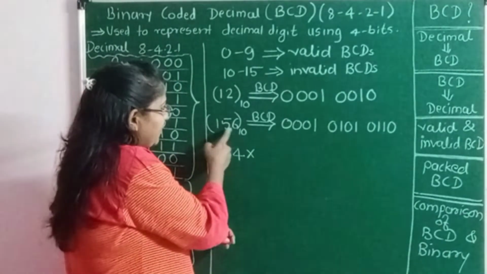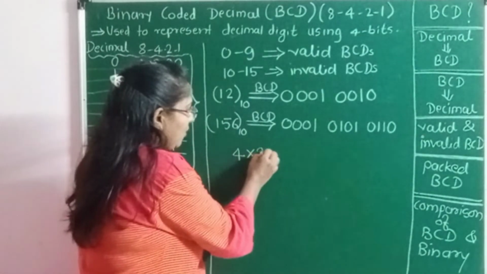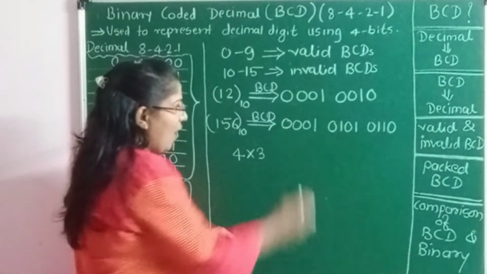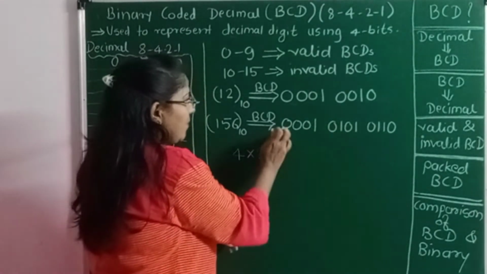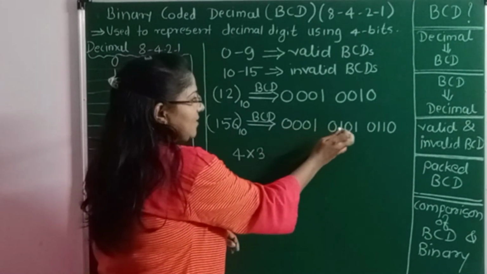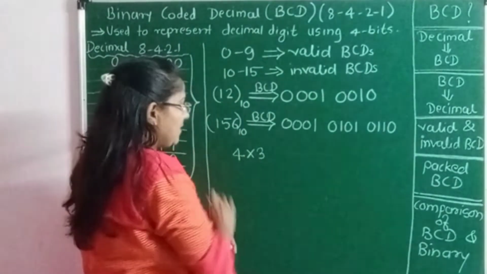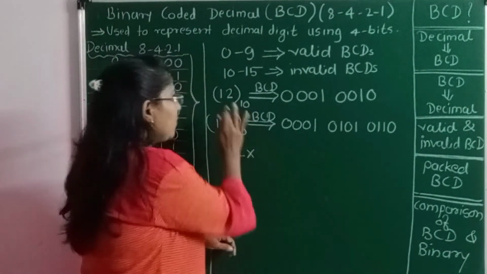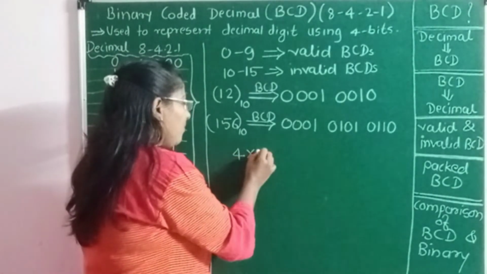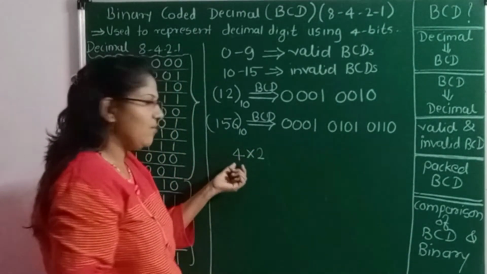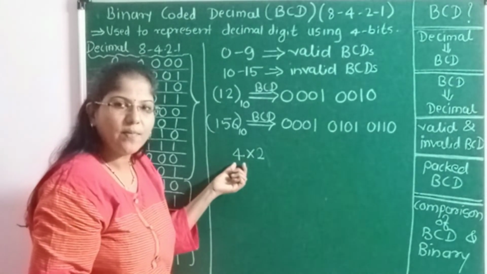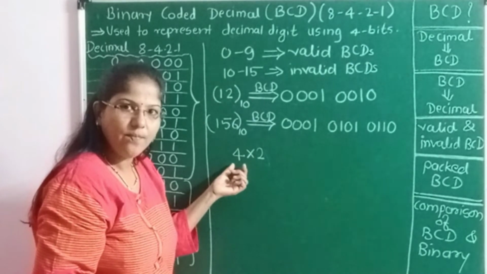How many digits are there? 3. So 4 into 3 equal to 12. How many bits are there in BCD? 1, 2, 3, 4, 5, 6, 7, 8, 9, 10, 11, 12. Okay. Now in the first example, how many digits are there? 2 digits. So 4 multiplied by 2. Why multiply by 4? Because to represent each digit we are using 4 bits.